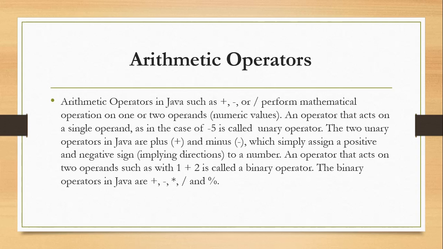The unary operators in Java are plus and minus, which apply a positive or negative sign, implying direction to a number. An operator that acts on two operands, such as 1 plus 2, is called a binary operator. The binary operators in Java are plus, minus, asterisk, divide, and percent, or the modulus operator.